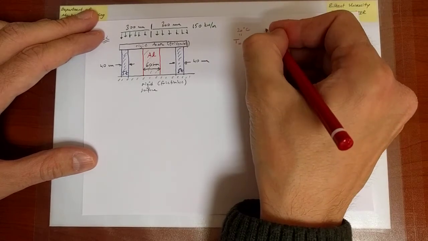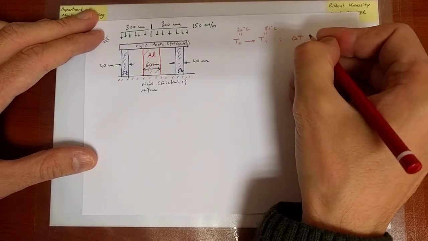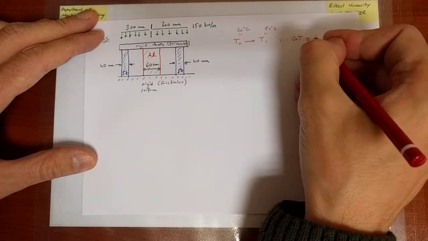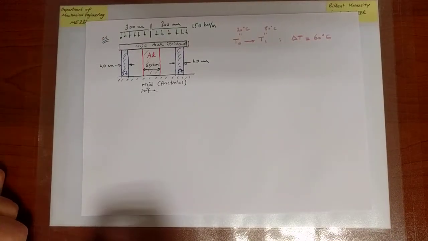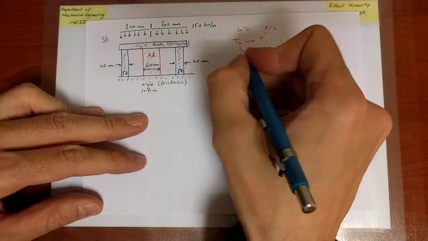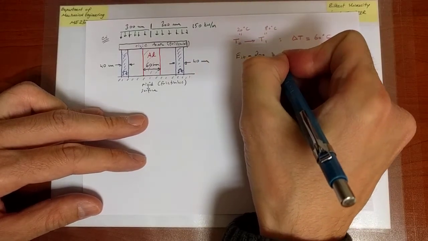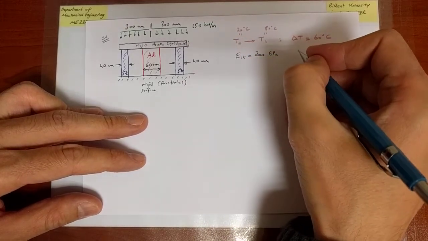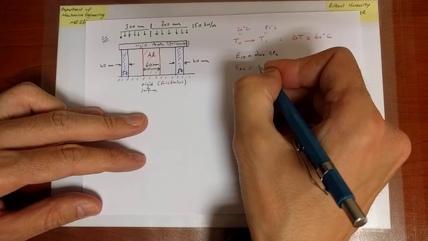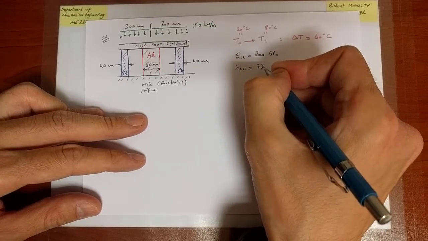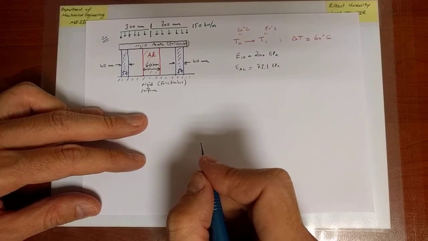The final value is 80 degrees Celsius, which means that our temperature change is positive and it is 60 degrees Celsius. Then the material parameters are the Young's modulus of steel. We know order of magnitude wise 200 GPa, and the Young's modulus of aluminum, again, we know 73. Let's say I stick to the example, take it to be 73.1.